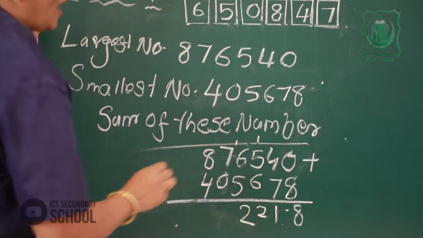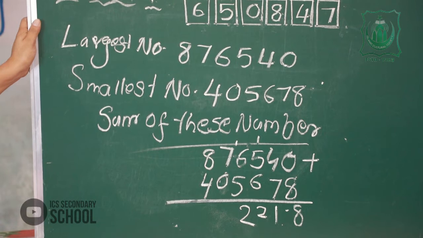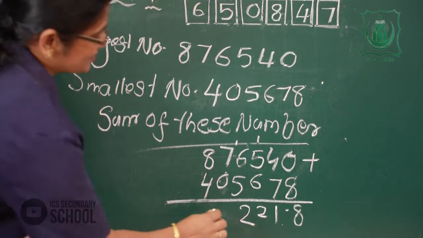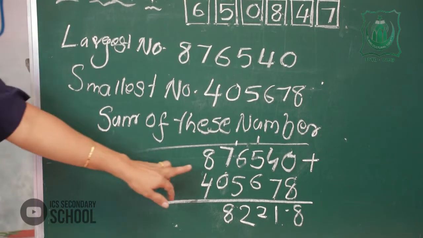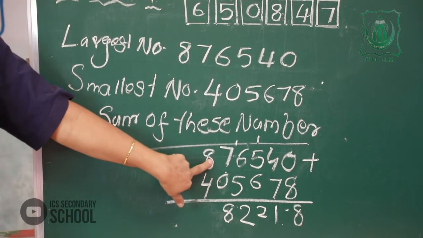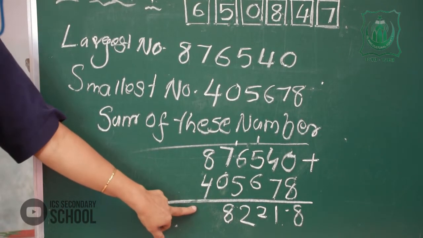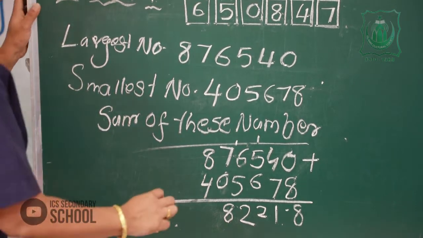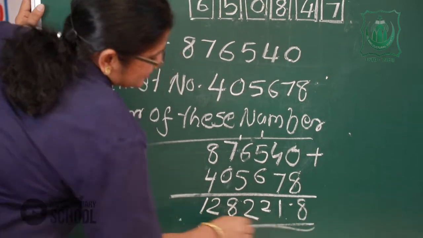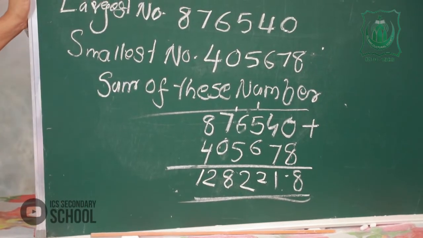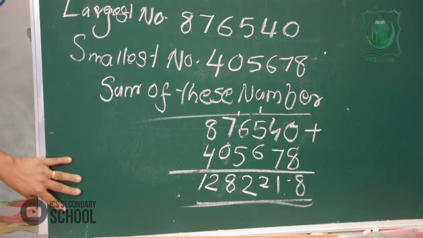And the balance 1. 7 plus 1, 8. And next 4 plus 8, or 8 plus 4, 12. Then we get the sum of these numbers.